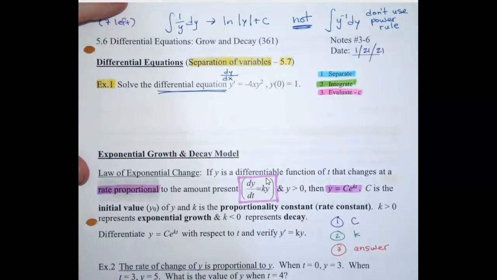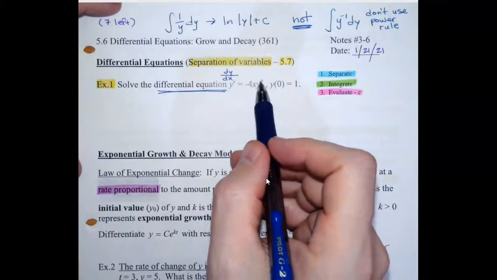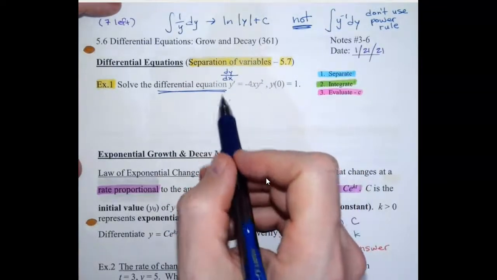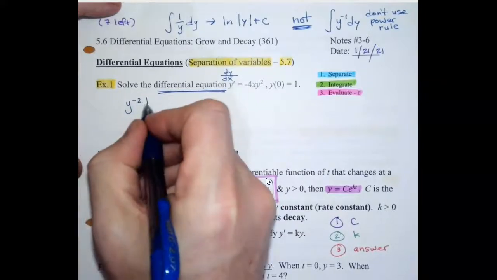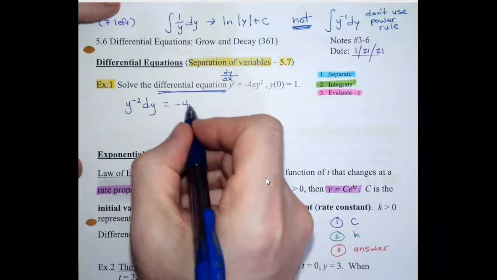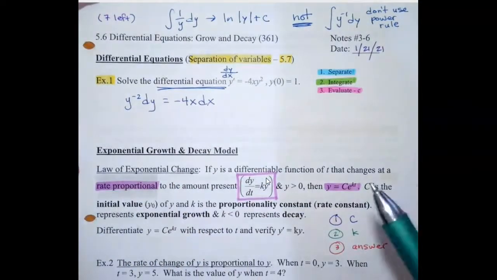That first step is just to get the y's on one side and the x's on the other side. Here, the dy is on the left, so we're going to divide by y squared. That'll be 1 over y squared, but that we can use the power rule on. So that's fine. And then we'll multiply both sides by dx. So hopefully you can make sure that you understand what happened there.